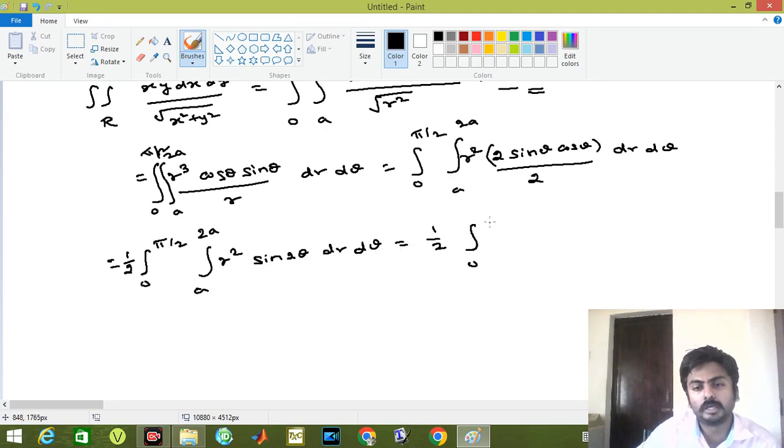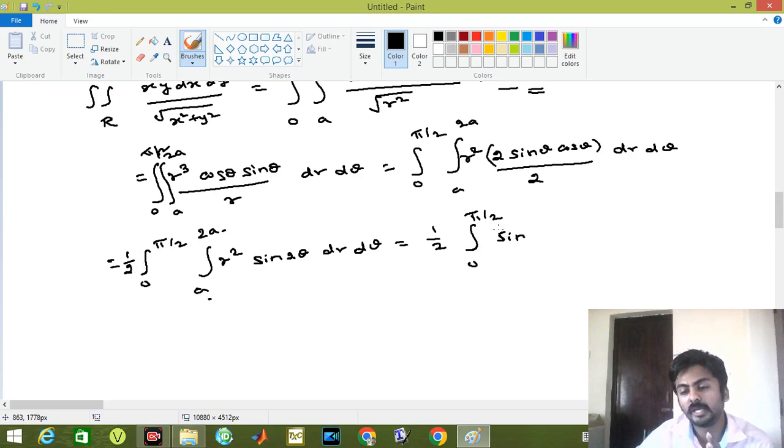That is equal to 1 by 2 integral 0 to pi by 2. Dear students, keep in mind here a to 2a is also constant because there is no theta involved. This 0 to pi by 2 is also constant, no theta involved. So you can write like this also. You can easily simplify this.